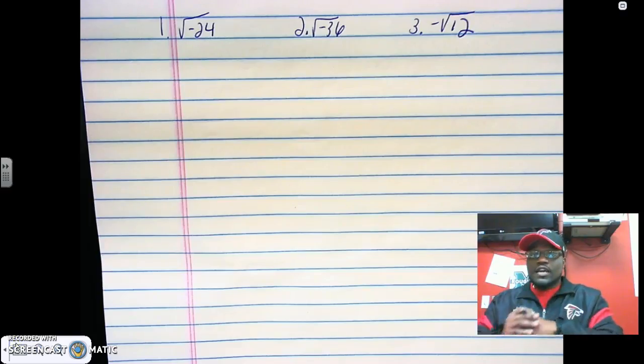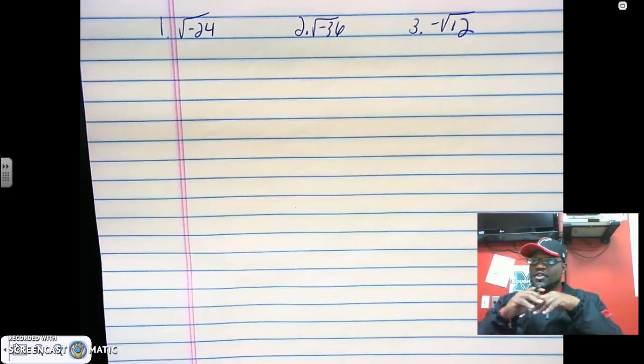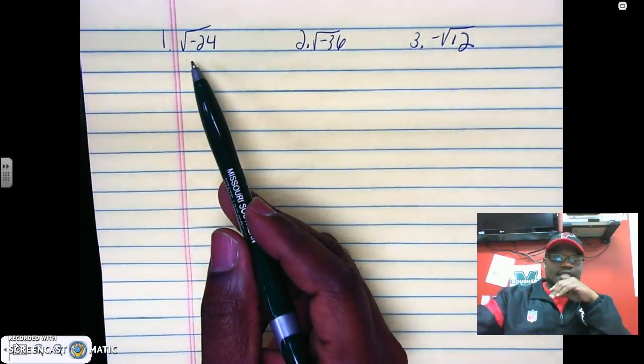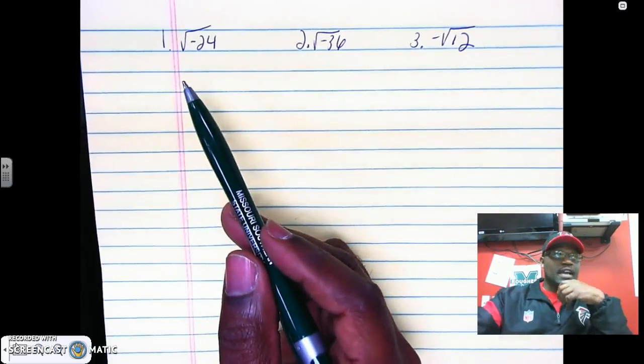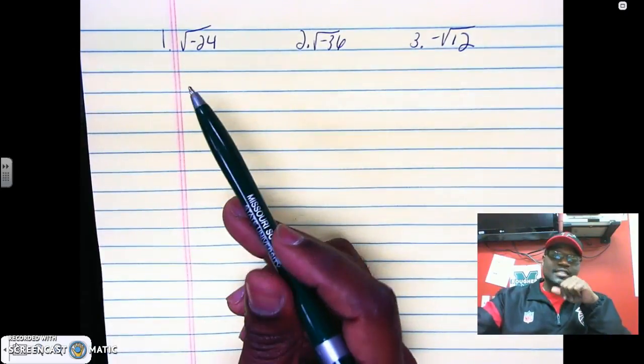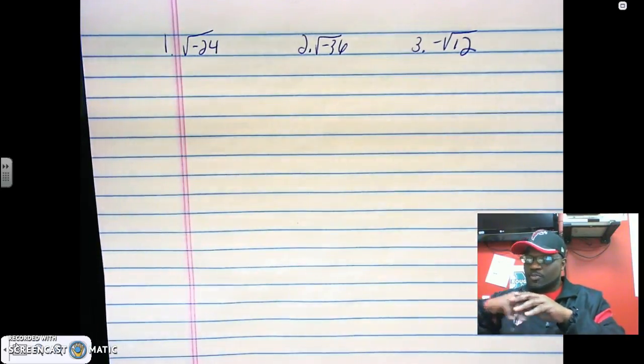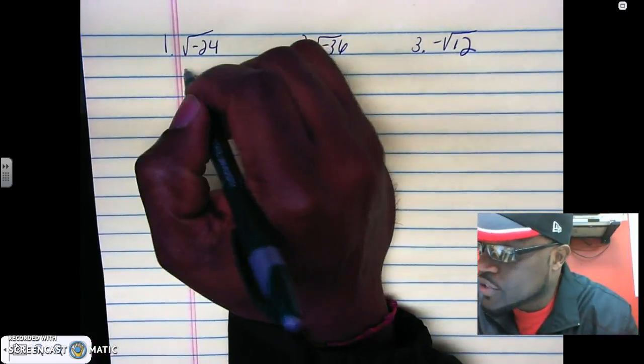All right, so we've got these 3 problems here. I want to simplify. Say you're working your problem, and up to this point, once we got a negative number underneath the radical, we just kind of stopped. We understand that we have an imaginary number, but we actually can simplify our answer just a little bit further. And the hint in the notes said to do this.